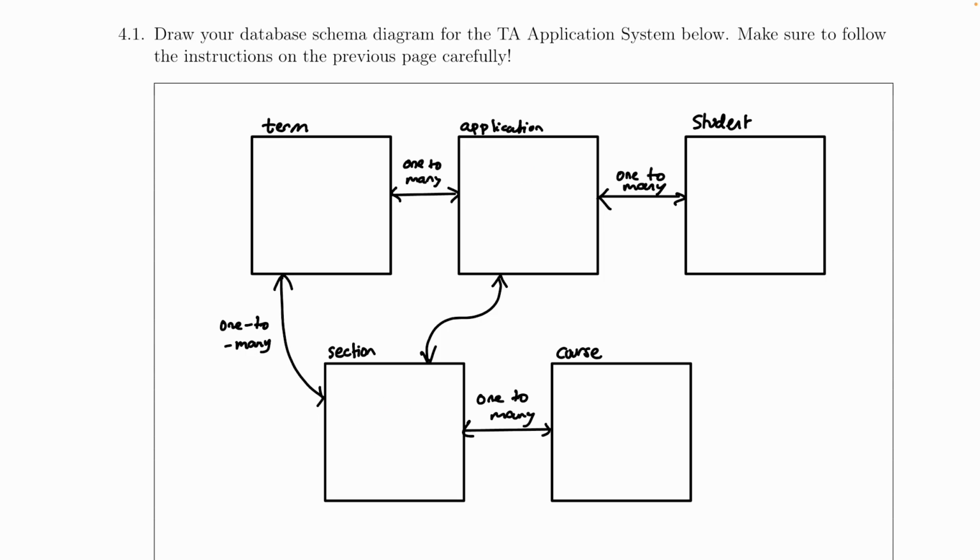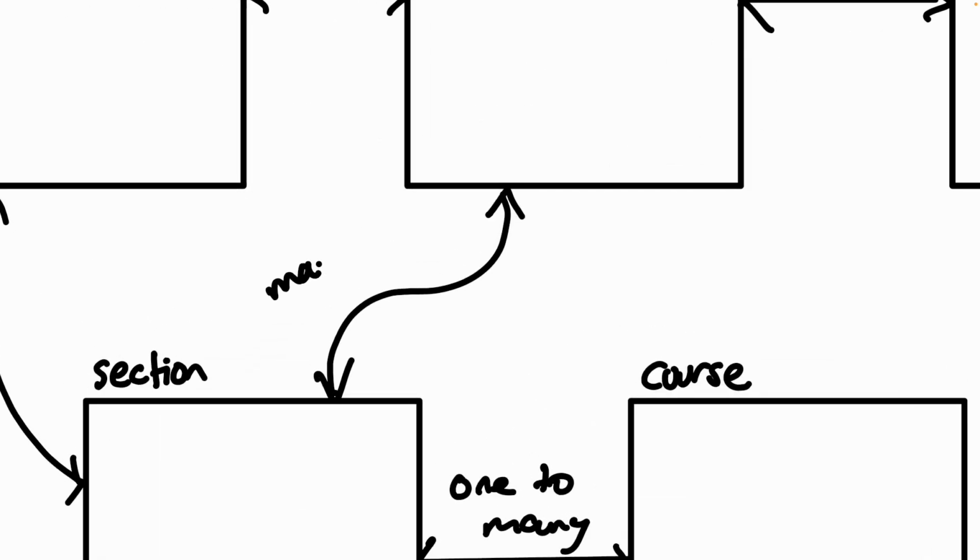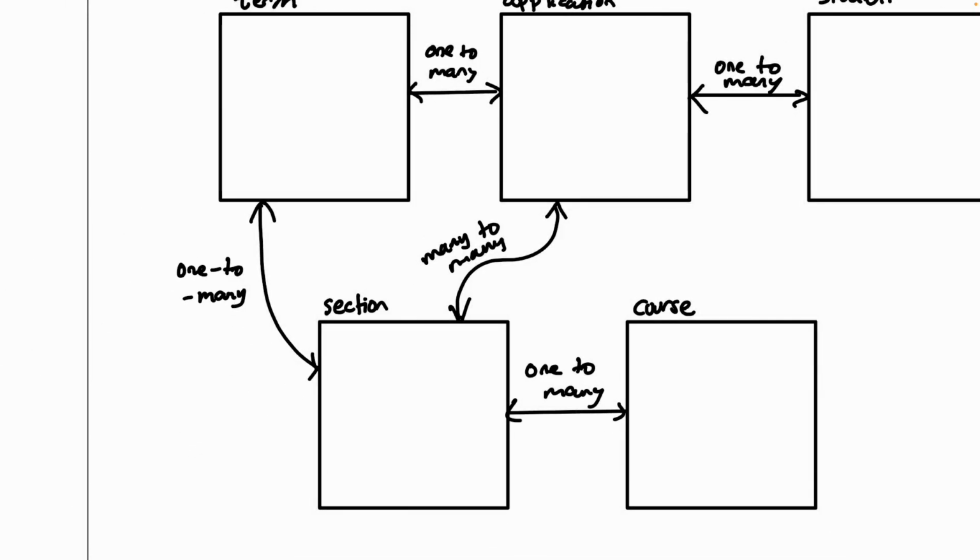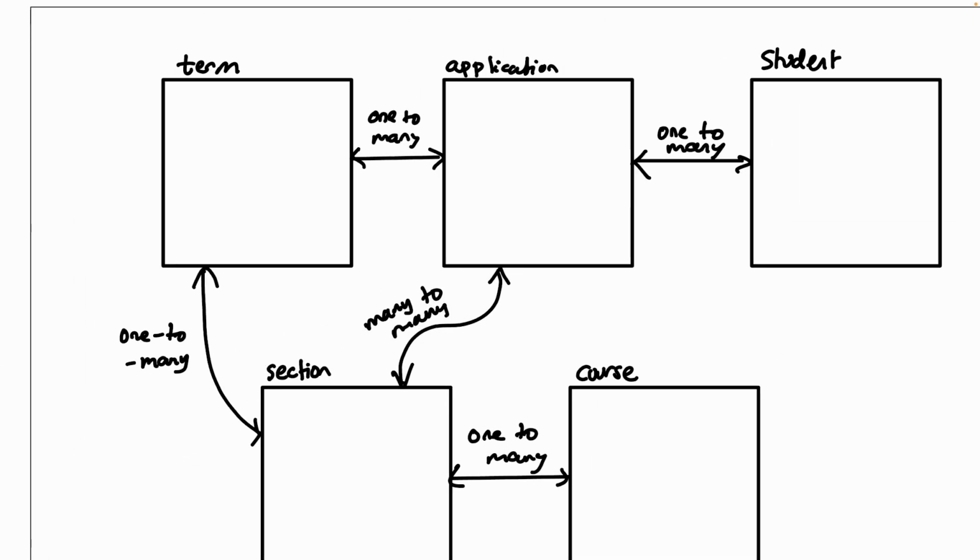But also one section can have multiple applicants, because if there's 20 people applying to be a TA for one section, then you have that relationship. So ultimately we have a many to many here. Many to many. And I think this looks great.